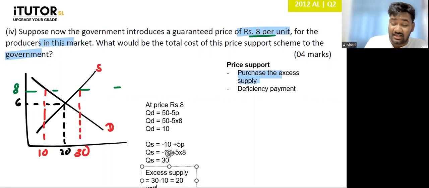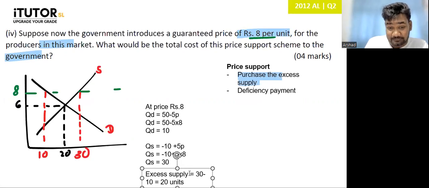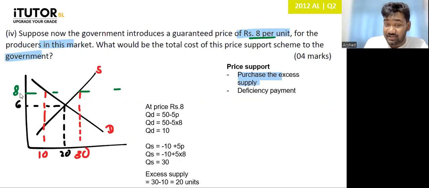So how much do you think government's expenditure is, guys? Cost for the government. They have to buy 20 units. What is the price that they have guaranteed? They have guaranteed a price of 8. So government's expenditure becomes this area that I'm shading in blue.